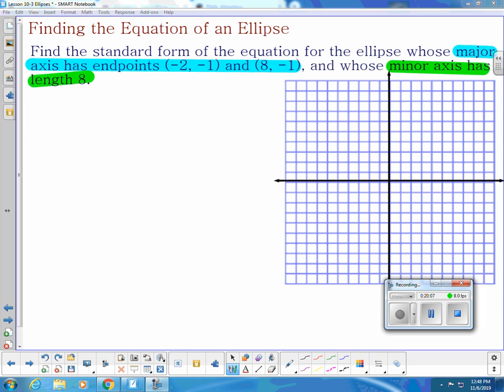What do I get from the major axis endpoints? Those are the same thing as vertices. What can I get from that blue? A equals 7? No, a equals 1. Okay. How do you know your a?